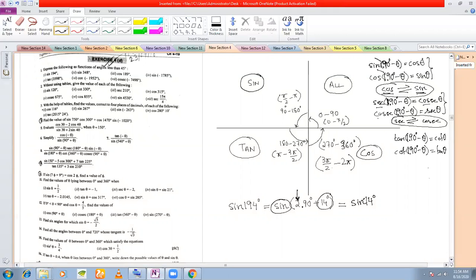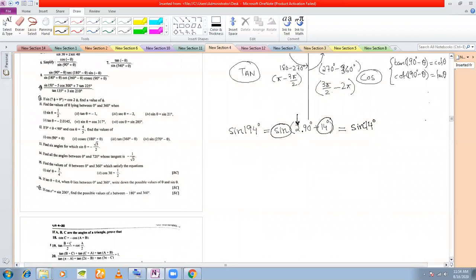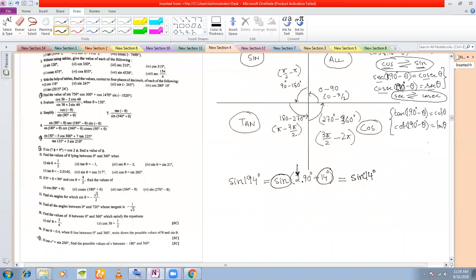And similarly, if you have cosec, odd multiple of 90 degree, then cosec changes to sec. And similarly for tan and cot also. Okay. Now this concept we are going to use. Here what I did was I wrote sine 194 degree as sine 2 into 90 degree plus 14 degree.